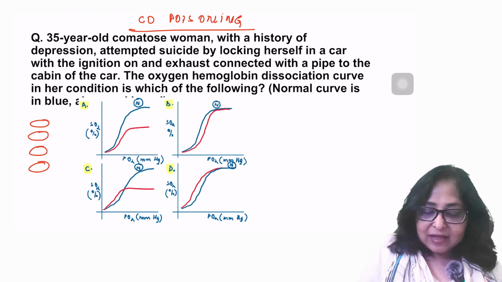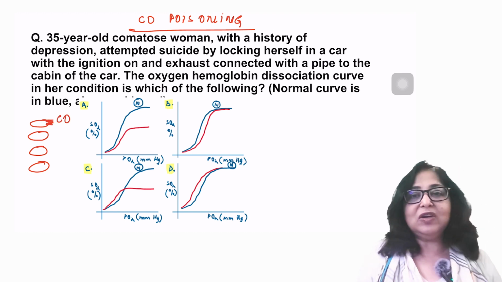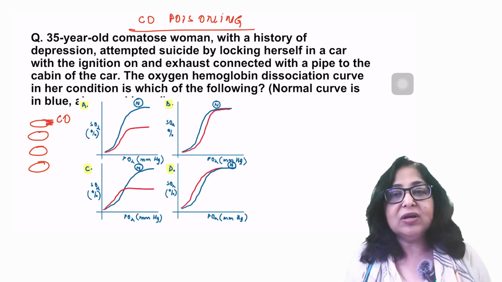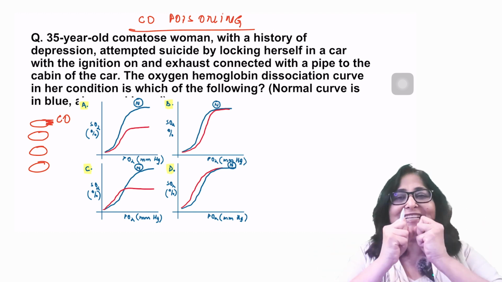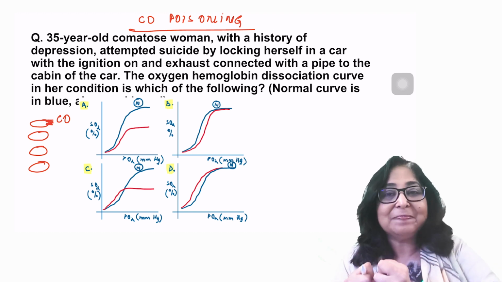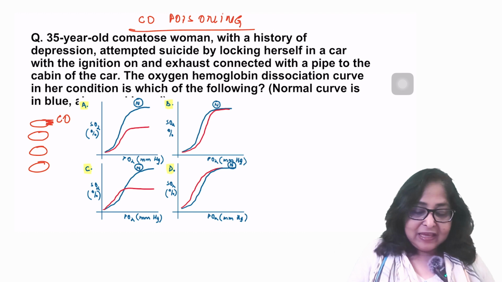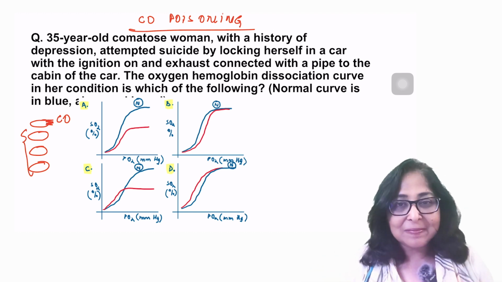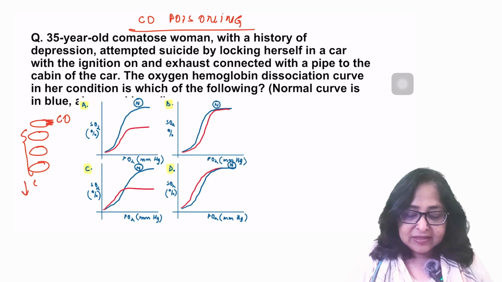So carbon monoxide will bind with that heme, and this union is very tight. Carbon monoxide cannot be displaced. So the heme available to bind with oxygen reduces. That means there is a decrease in the saturation.